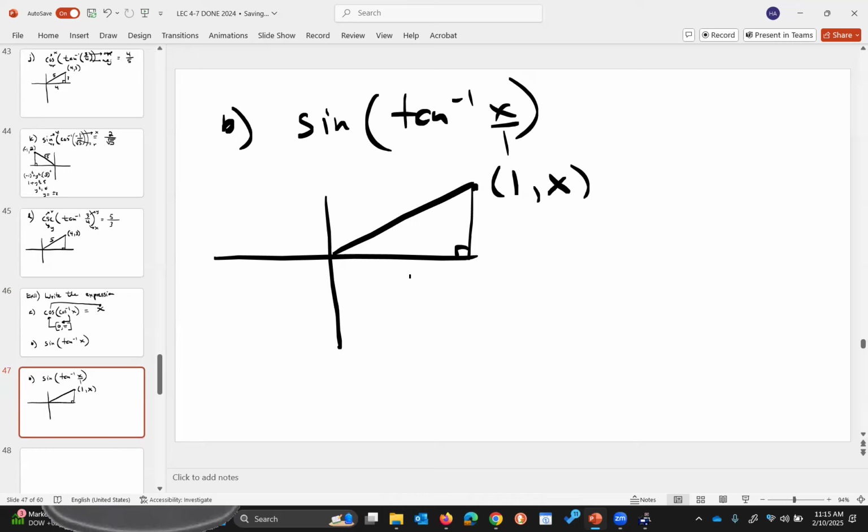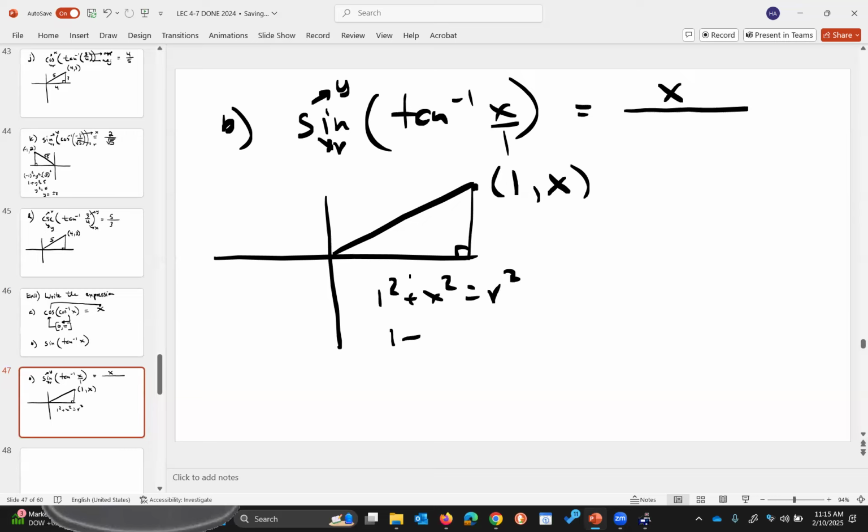And then we need to get our y coordinate over r value. So what is the r? Sorry, what's the y coordinate? X. What is the r value? Ooh, let's go with it. So 1 squared plus x squared is equal to r squared.